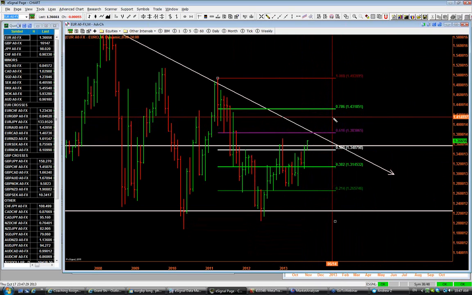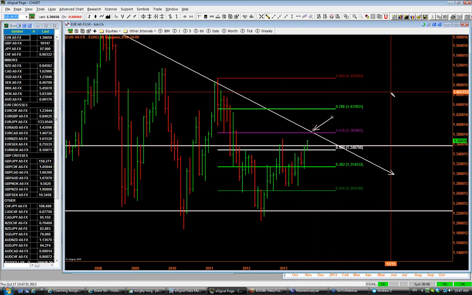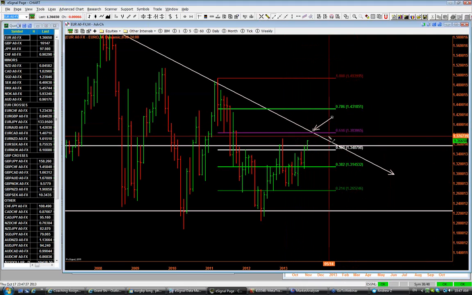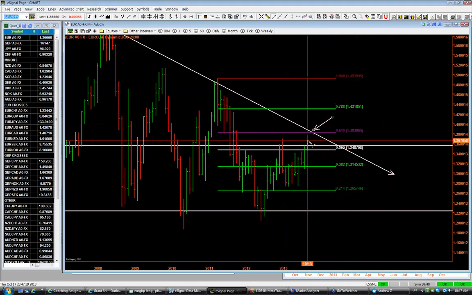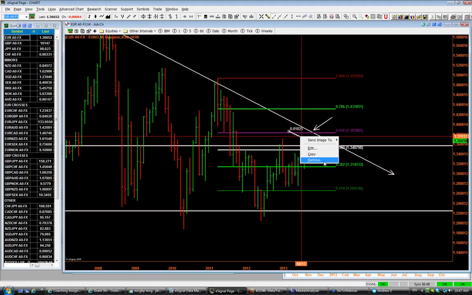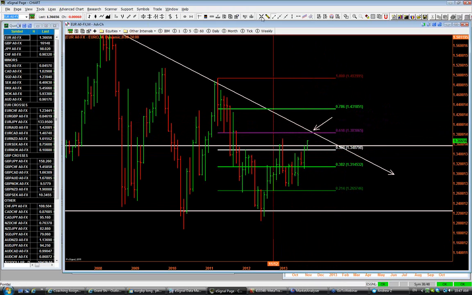Fibonacci is 61.8 on the downtrend. So the euro potentially still has some room to go. This is a monthly chart. Today is the 18th. Still got maybe around 180 pips to go.